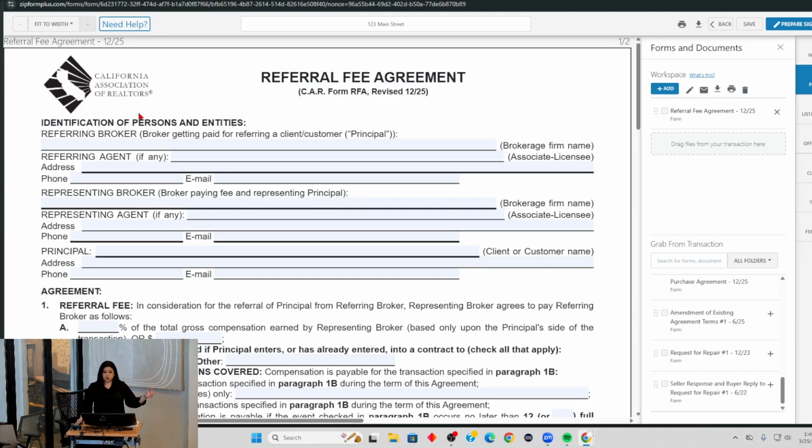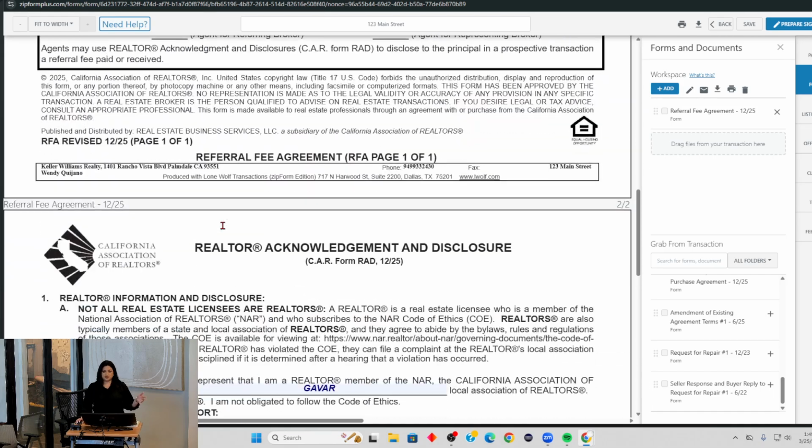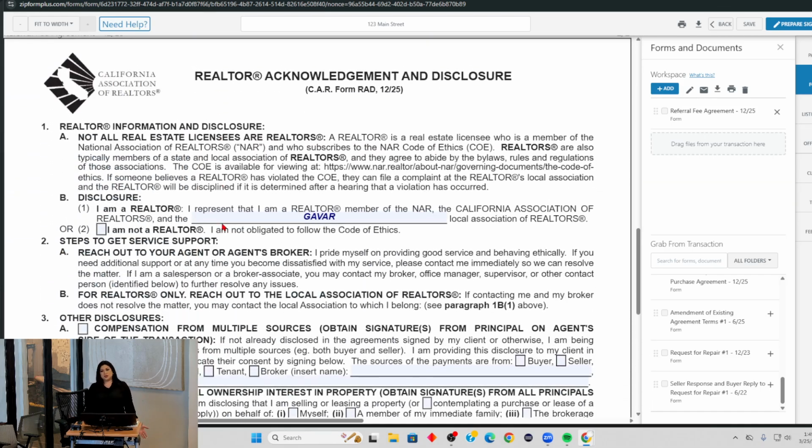But as long as you have this, then just have this one. It's because in case we get audited, everything here is in case. So I try my best to keep you confident in what we're doing, but also to have our files on point. But yes, check your referral agreement, that you have the most updated one, and the most updated one should be the 1225, and it should be correct.